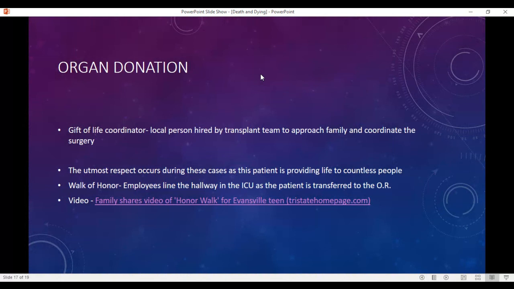This is the person that has to approach the family members, which is a tough job, right? Because you don't know what stage of grief that family member is in. And you have to approach them and ask if they want to do an organ donation.